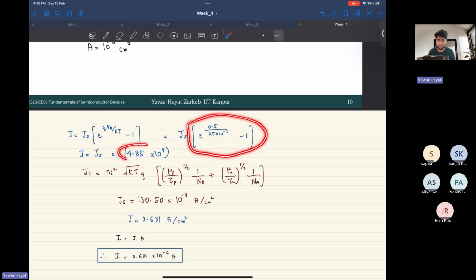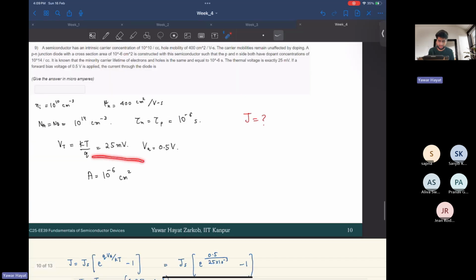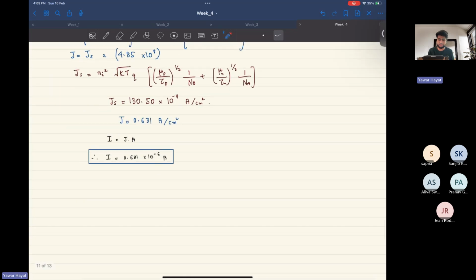The value of the exponential factor is 4.85 into 10 to the power 8, so when I multiplied that, I obtained J. Since this is current density, it has units of ampere per centimeter square. When you multiply this by the cross-sectional area in centimeter square, you obtain current in amperes. The cross-sectional area provided was 10 to the power minus 6 centimeter square. Multiplying this with J, I got I equal to 0.631 microamps.